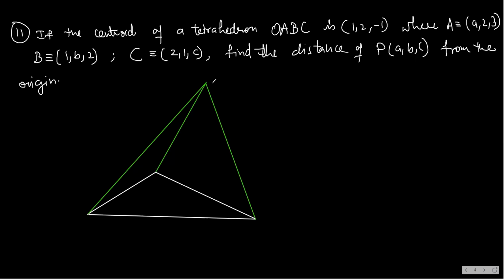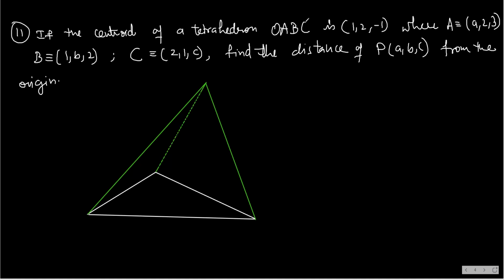This is the tetrahedron, and the tetrahedron has got four vertices. This is the edge which is on the other side, so I draw it dotted.